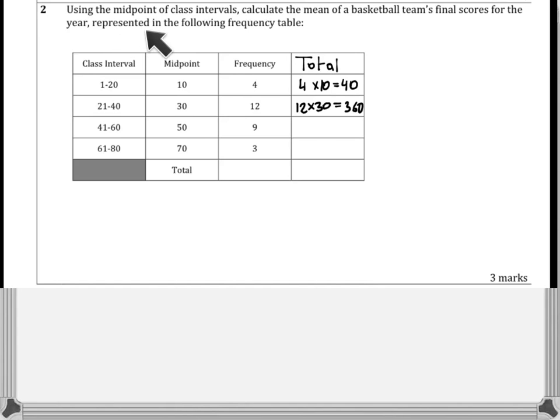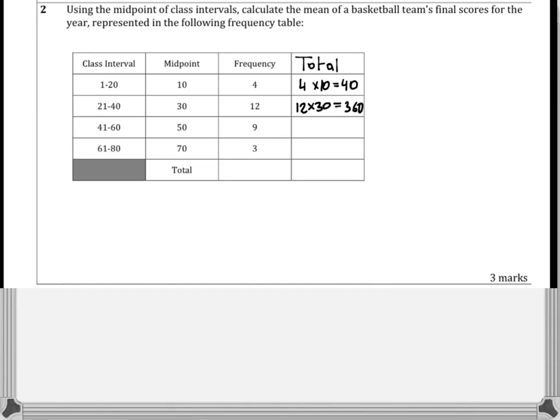Okay, now using the midpoint of class intervals, that's these values here, calculate the mean of a basketball team's final score for the year, represented in the following frequency table. So here are all the scores that the basketball team achieved in groups.